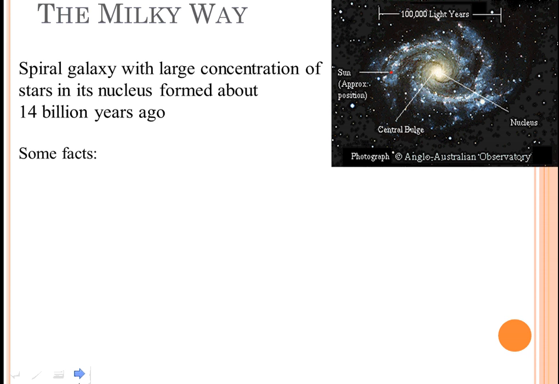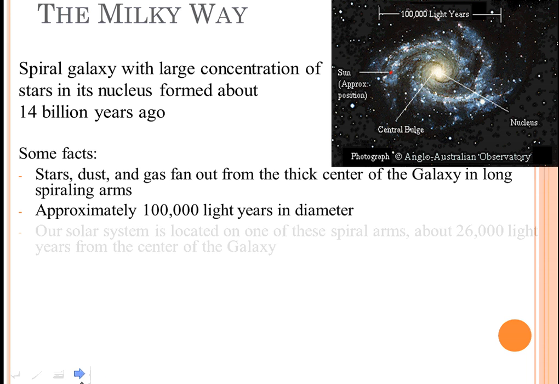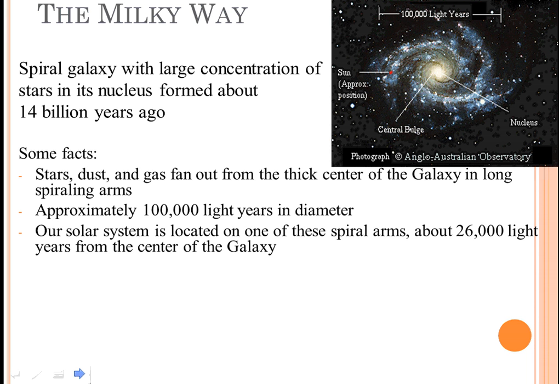Now, the next little bit are just some facts, and it's not necessarily things that you must know. Stars, dust and gas fan out from the center of the galaxy, approximately 100,000 light years in diameter. We are located on just one of those little spiral arms, about 26,000 light years from the center of the galaxy.